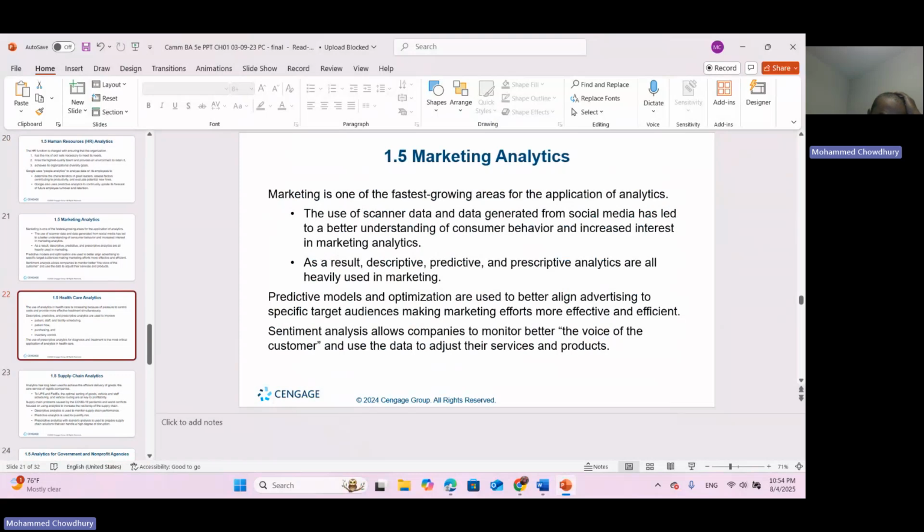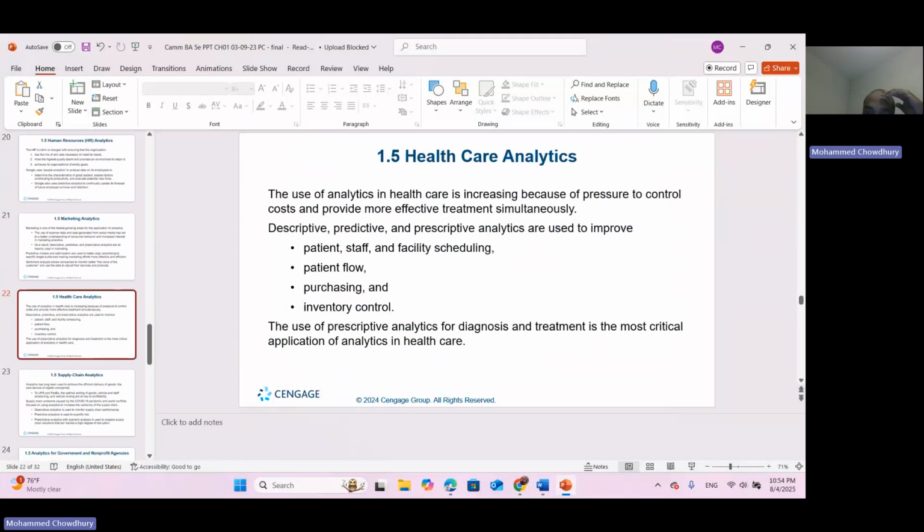Now, healthcare analytics. In healthcare analytics, descriptive, predictive, and prescriptive analysis are used to improve patient, staff, and facility scheduling. Scheduling means I want to schedule a patient's appointment, and how can I do that? That can be done using all of these techniques.